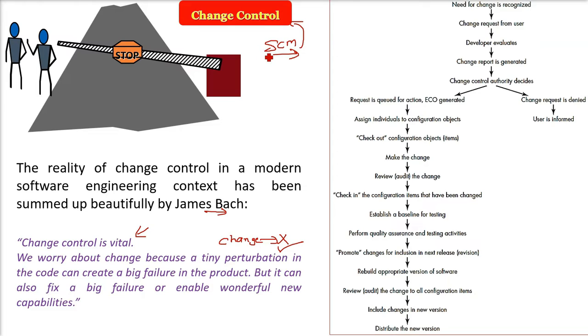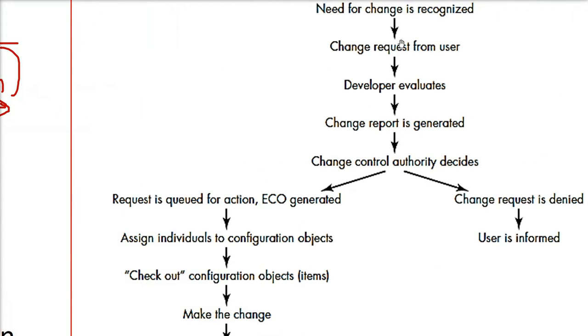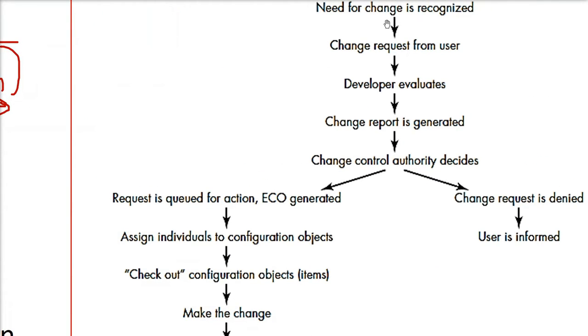So it is a two-sided sword. The change control should be done in a proper way, which I am trying to suggest here. First, if there is a need for change, for any modification, it normally comes from the user when you deploy and give the software to him.